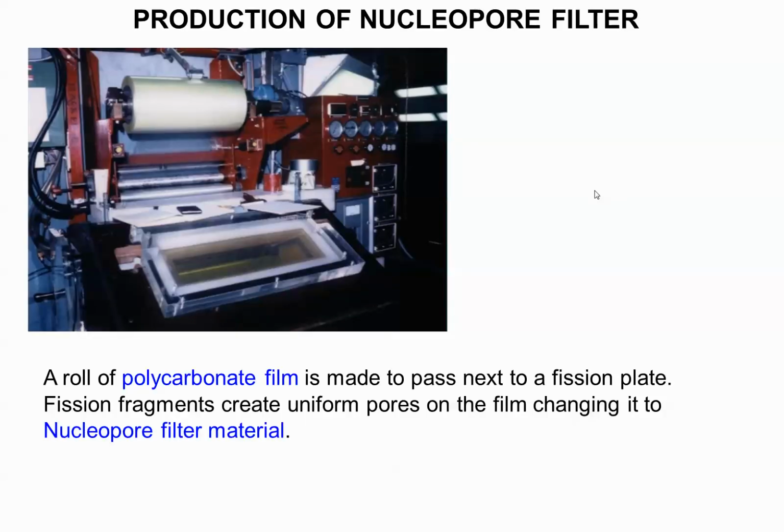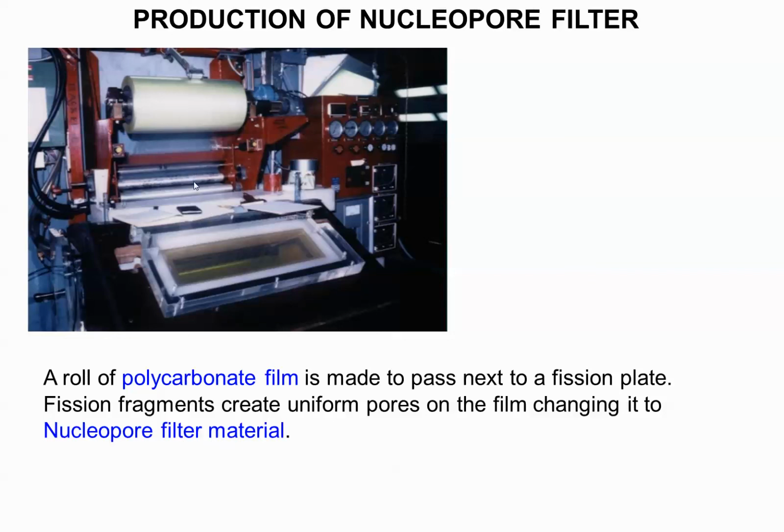Another application, production of nucleopore filters. A polycarbonate film is made to pass next to a fission plate. The fission fragments create uniform pores in the film, making the nucleopore filter material. In other words, they create holes.